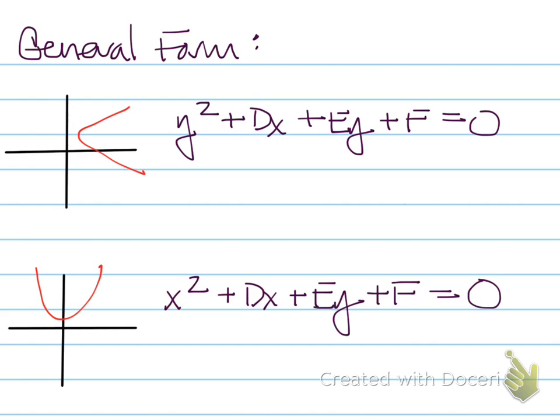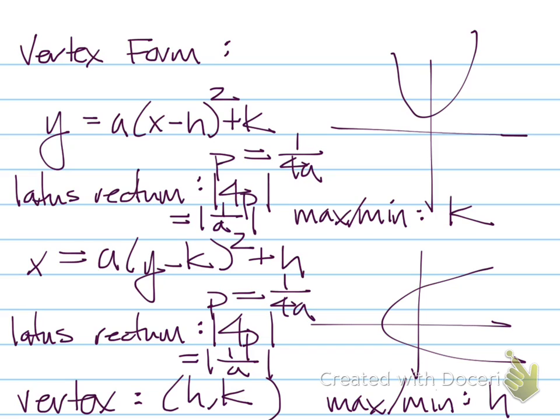The general form of a parabola whenever it opens horizontally and vertically. And then we have the vertex form of a parabola. Vertex form allows us to easily identify the coordinate of the vertex. P is going to allow us to determine what the coordinate of the focus is.